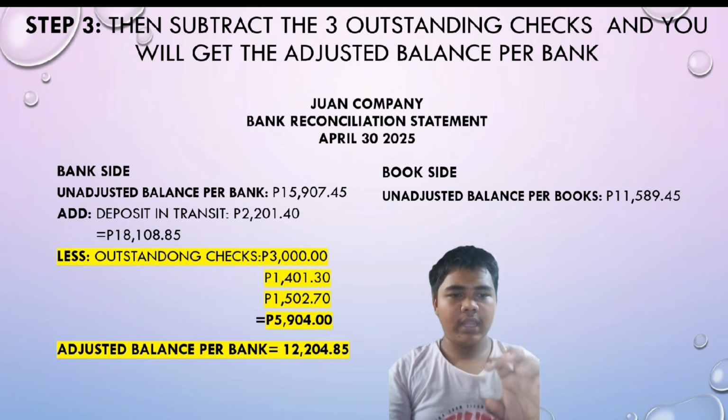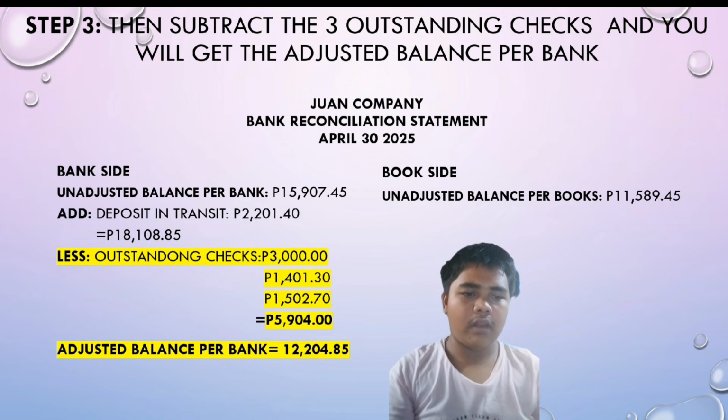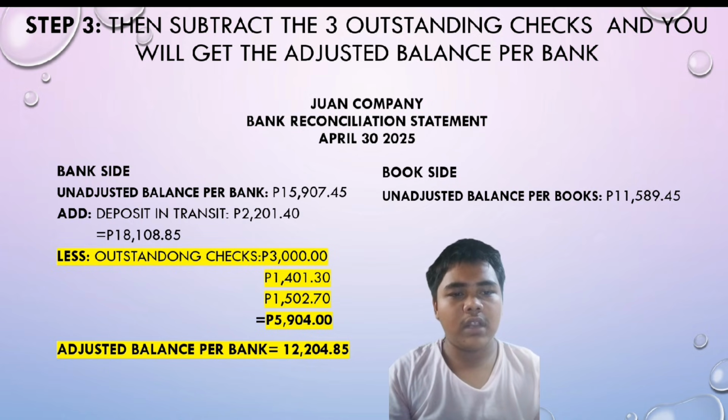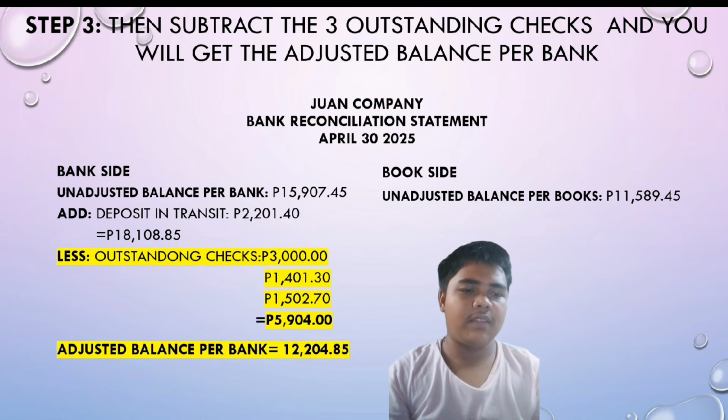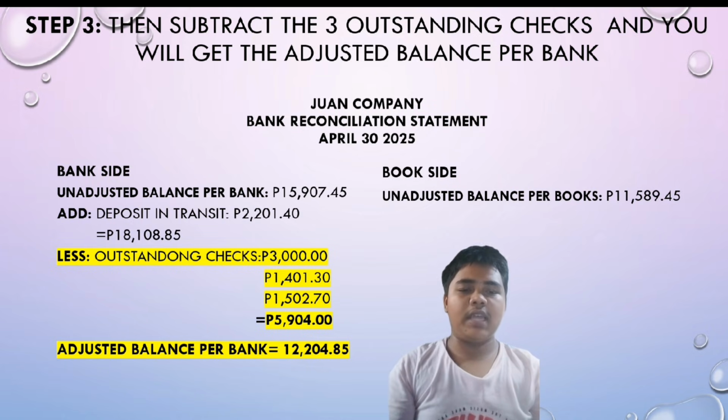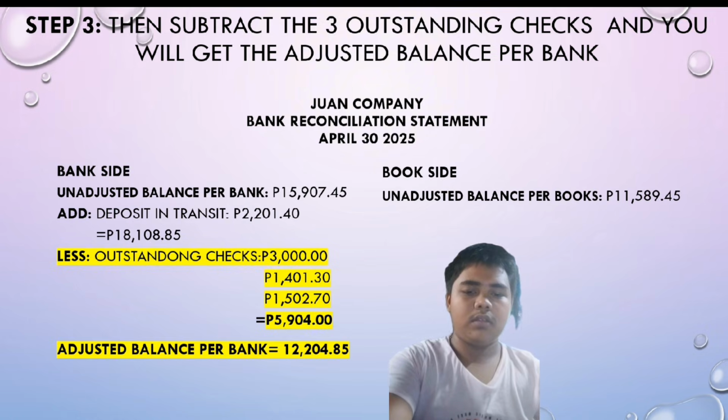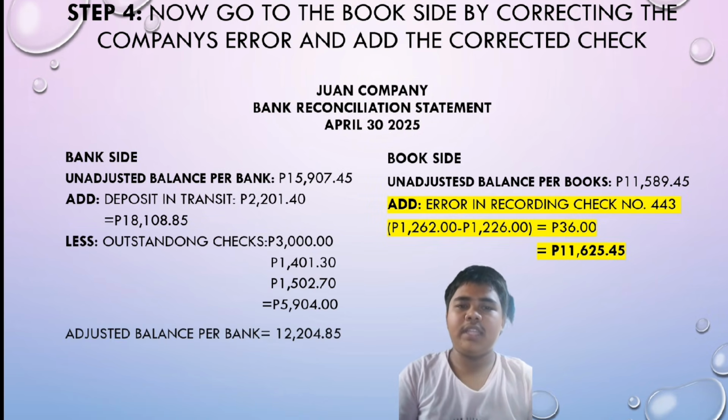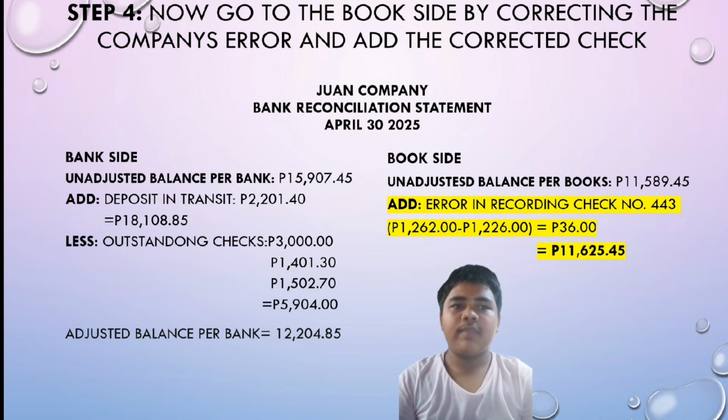All three combined are equal to 5,904 pesos. And 18,108 pesos and 85 cents minus 5,904 pesos is equal to 12,204 pesos and 85 cents, which is your adjusted balance per bank. Now you have already adjusted your balance per bank. Now let's proceed to step 4.